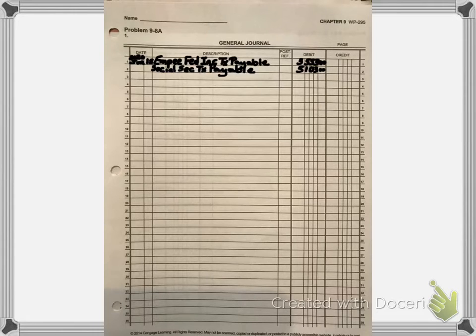And we will debit Medicare tax payable for $1,197. And of course, the credit to cash for $9,853.